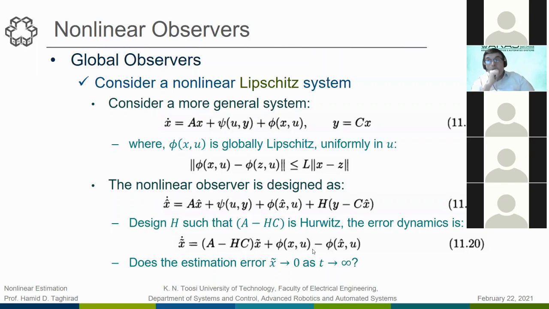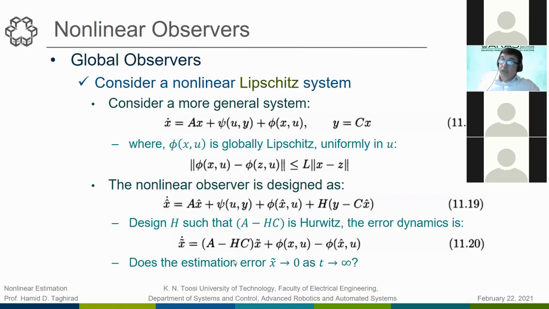Now, the question is, does really the error of the state x tilde go to 0 as time goes to infinity? Do we have any asymptotic stability or asymptotic convergence of error to the 0 state? And do we have a good observer in here? Let's see.